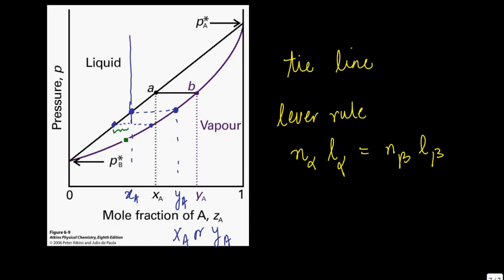Oh sorry, if let's say that's the alpha phase, then that's L of alpha and that's L of beta. So n is the amount of alpha.